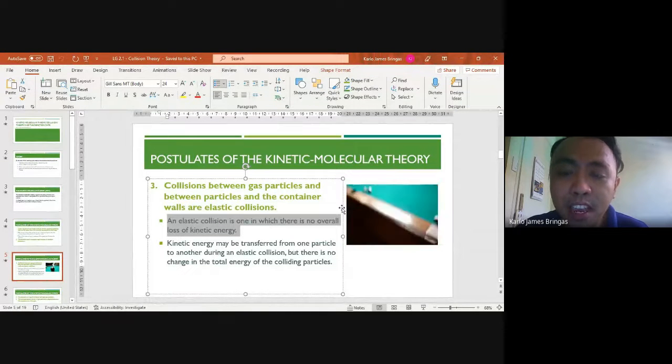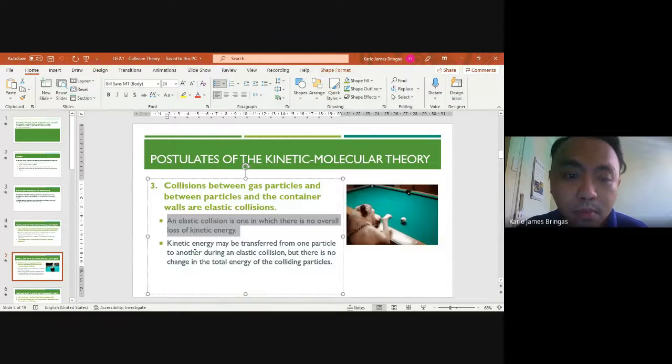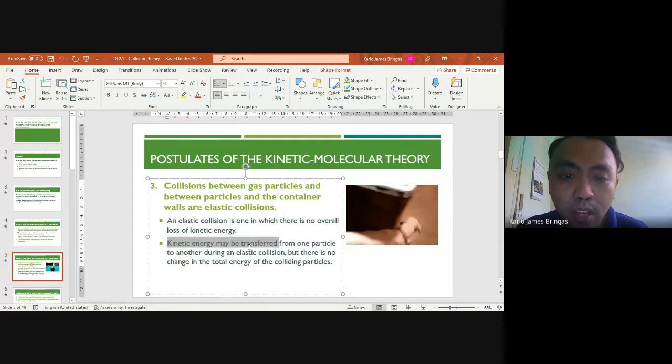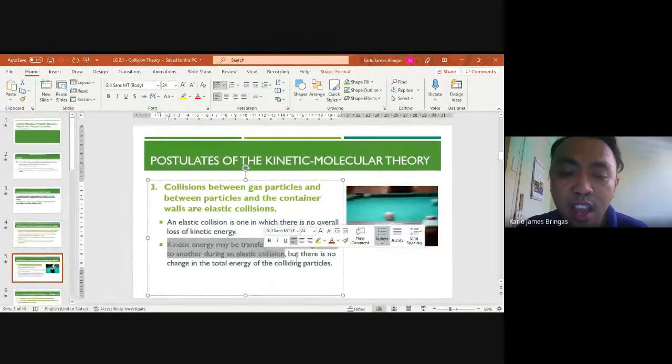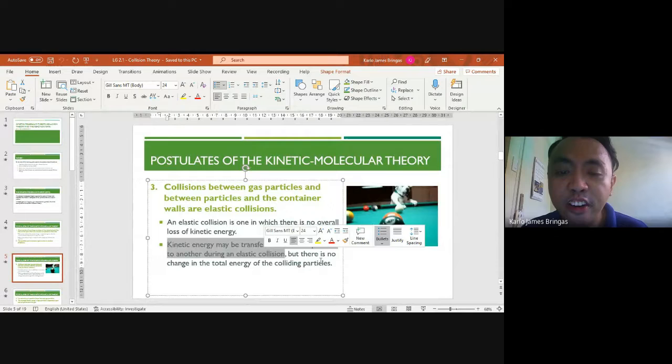So the sum of the kinetic energies of our colliding balls will always remain constant, no matter what happens. Kinetic energy may be transferred from one particle to another during an elastic collision, but there is no change in the total energy of the colliding particles. So that is our elastic collision.